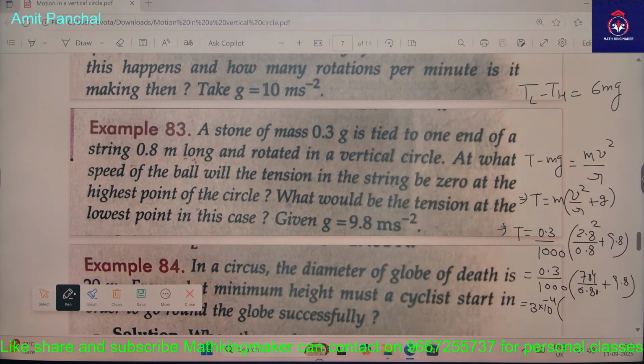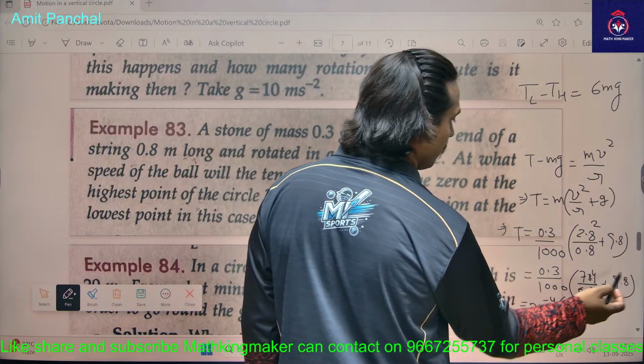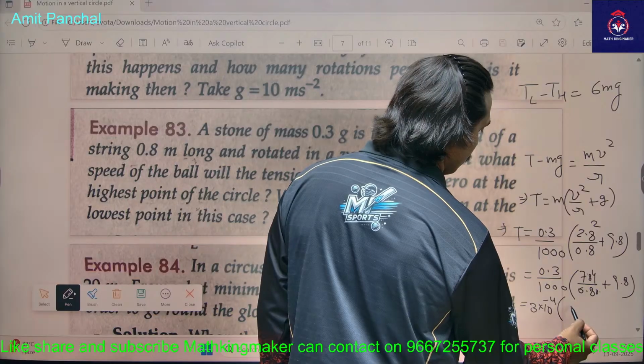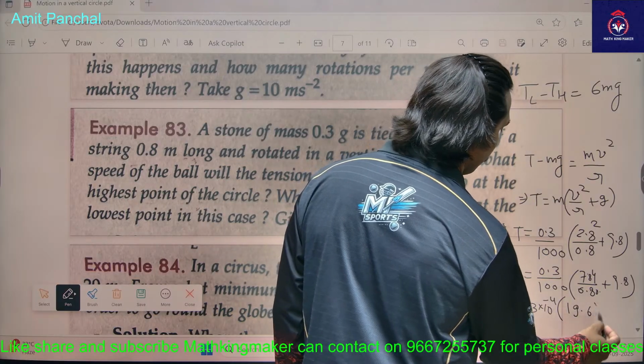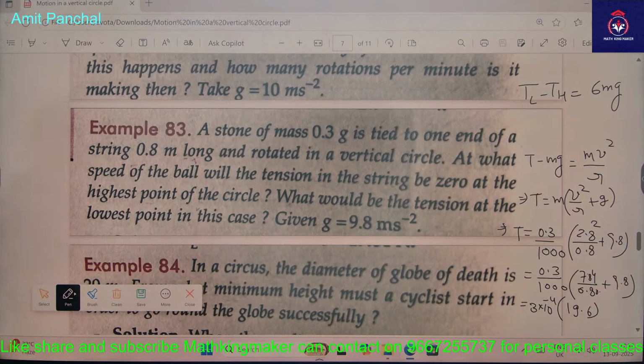It will be 9.8, and 9.8 plus 9.8 is 19.6. The multiplication of 19.6 with 3 into 10 to the power minus 4 is 58.8 into 10 to the power minus 4.